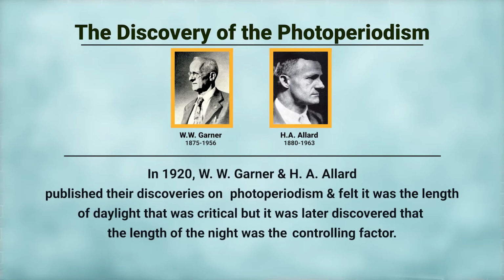They called the Maryland Mammoth a short day plant because it required a light period shorter than a critical length to flower. In 1920, W. Gardner and H. Allard published their discoveries on photoperiodism and felt it was the length of the day that was critical. But it was later discovered that the length of the night was the controlling factor.